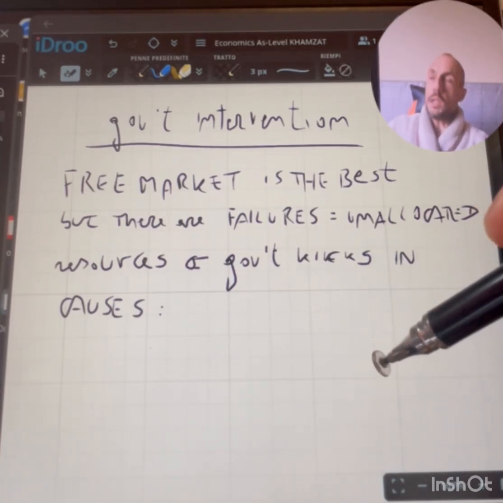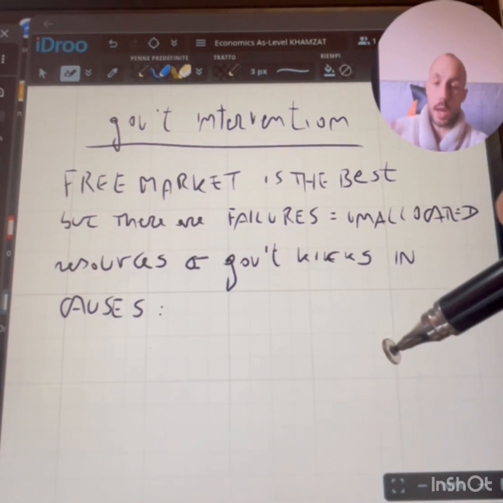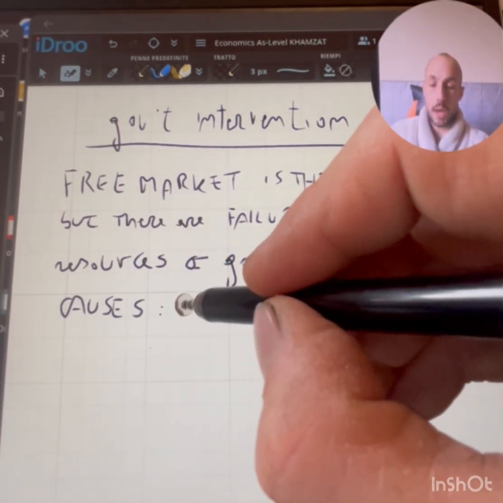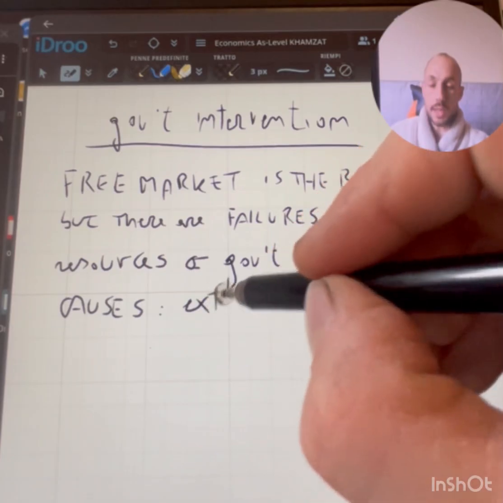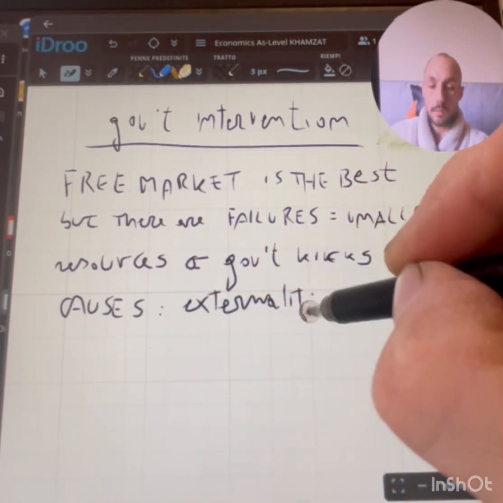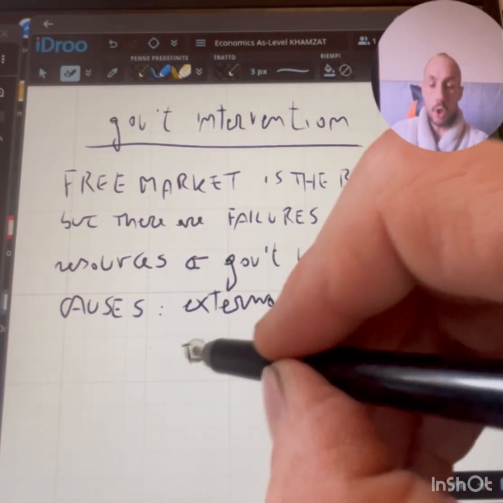Okay, so these lead to two main types of intervention, the price ceiling and the price floor, and we have already seen that. But what new are we here to have a look at? We have externalities. We have public goods.